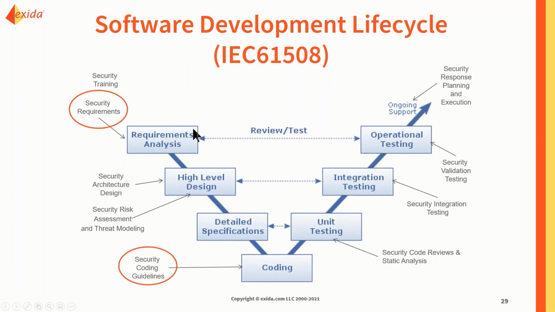In fact, the way the IEC 61508 standard suggests we develop the whole software is to follow this particular V model. The V model lays out different levels of design, from just looking at the requirements up to the point of coding, and then you review and test them based on the different levels of the design.